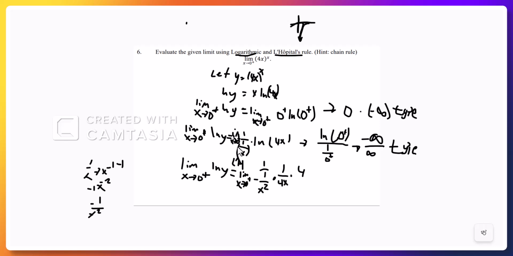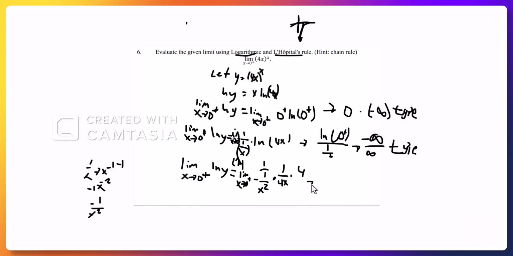So this is going to be the derivative of its own thing, times the derivative of the natural log. So this is going to equal 1 over 4x times 4 from the chain rule, over negative 1 over x to the power of 2.